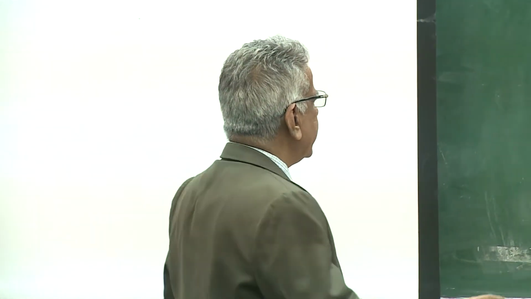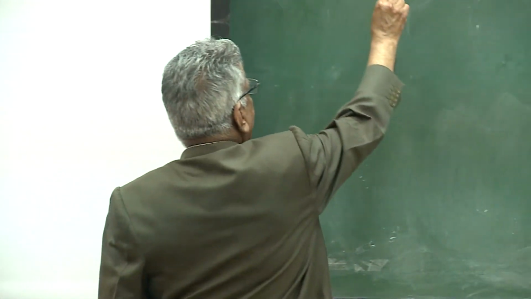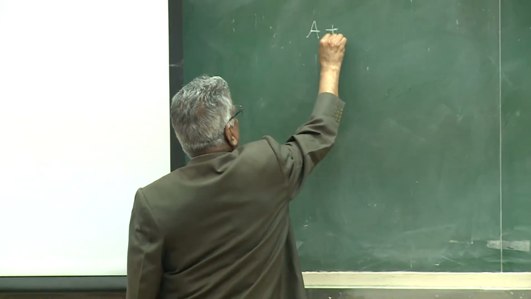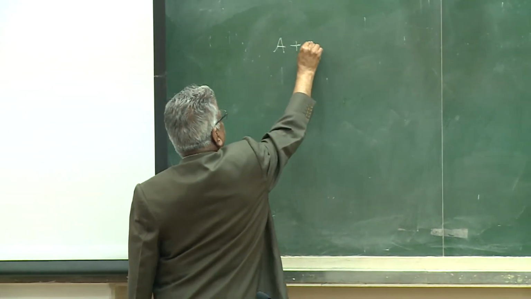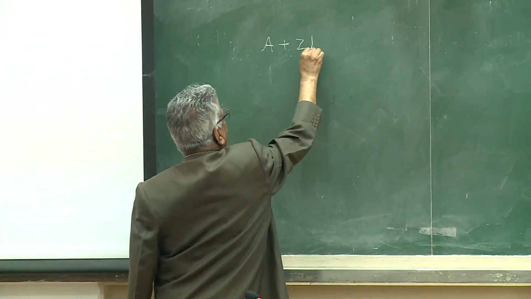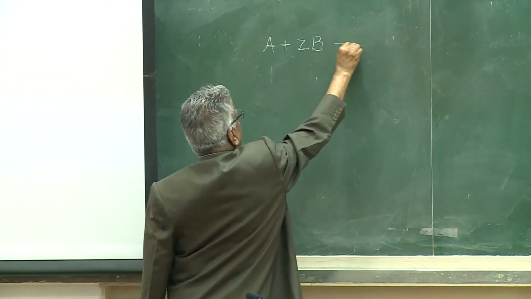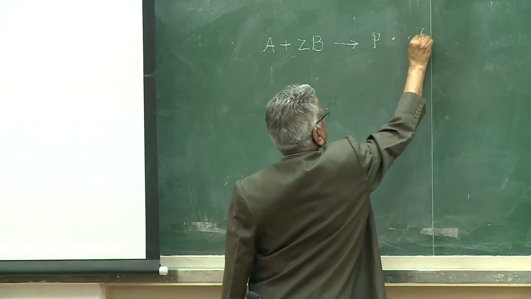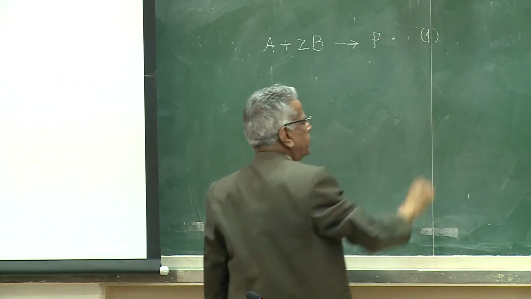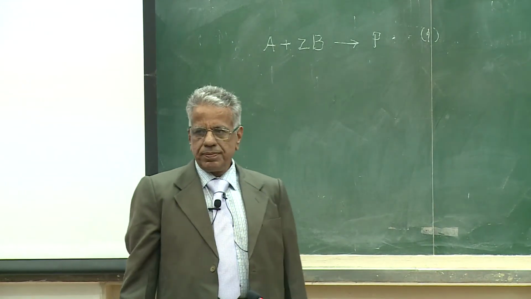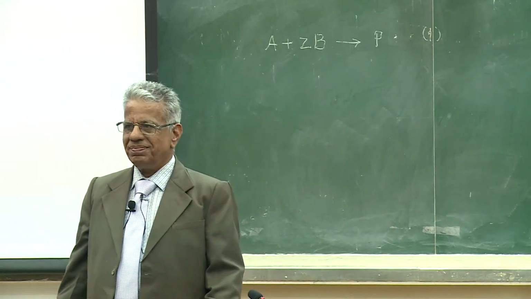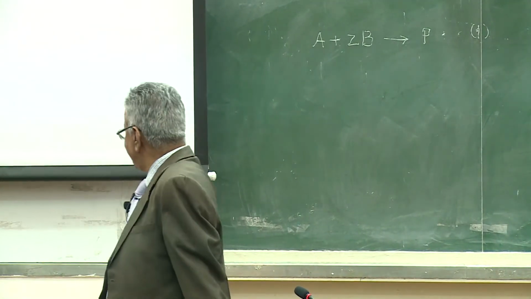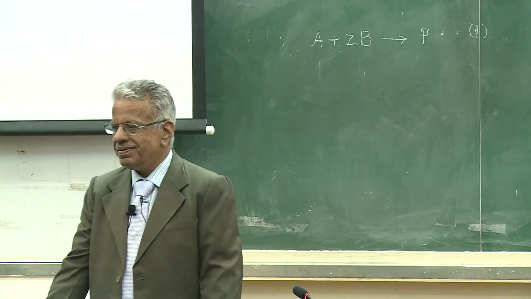So, let us consider A plus Z times B is equal to products, and this is equation 1. Very good.